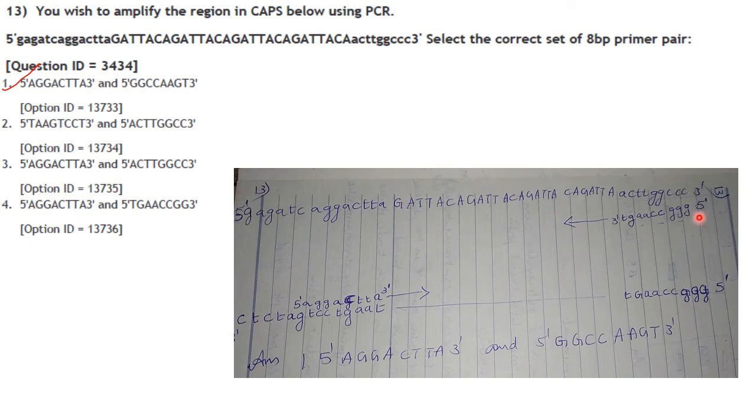Reverse primer will be the complement of the first strand, but in the 5 prime to 3 prime direction, in this way. So it will be G, G, G, C, C, A, G, T. That is your reverse primer. So it is as per given in option 1. So the answer here is option 1.